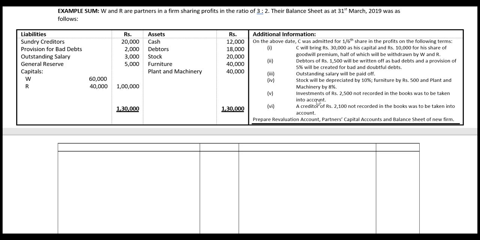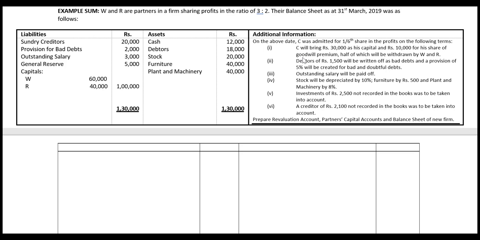Fifth point, investments of rupees 2,500 not recorded in the books was to be taken into account. The sixth point, a creditor of rupees 2,100 not recorded in the books was to be taken into account. Prepare the revaluation account, the partner's capital accounts and the balance sheet of the new firm.